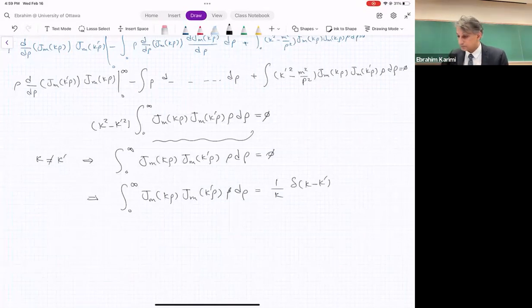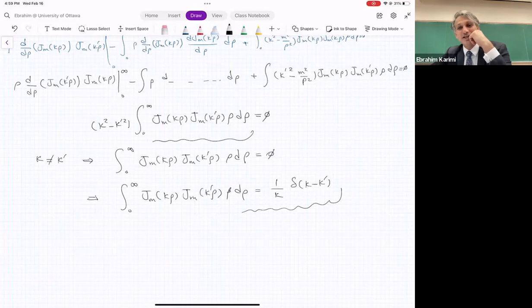All right, check these out. Maybe I have made some coefficient mistakes, but I believe that should be the result, 1 divided by k delta of (k minus k'). So that's another form of orthogonality that you will have for Bessel functions, and that also is a completeness. There's a completeness of Bessel functions with the weight of what?